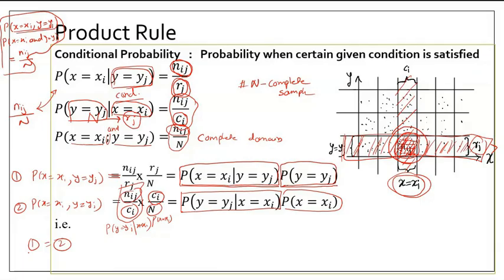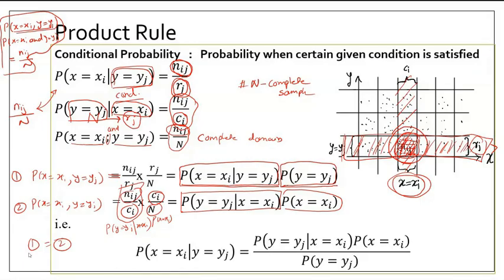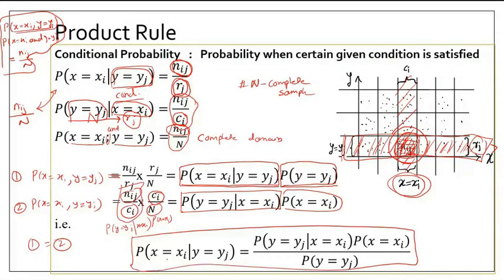If I do that, I can rewrite this as probability of x is equal to xi given y equal to yj, which is equal to probability of y equal to yj given x equal to xi, just flipping these two terms, into probability of x equal to xi divided by probability of y equal to yj.